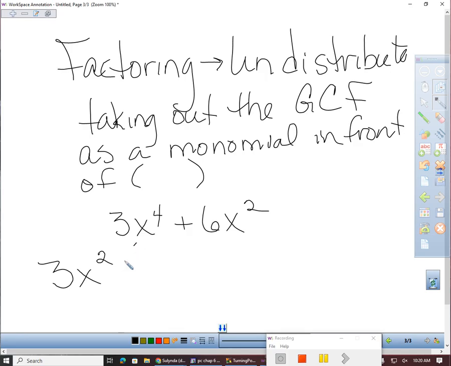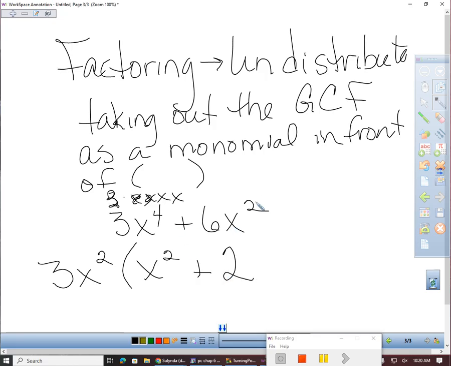All right, so then we're going to put our parenthesis. In this one, if I have a 3 times x times x times x times x, and I take out the 3 and 2 x's, what am I left with? X to the second, exactly, plus. Here, if I take out 3, what number am I left with? 2.